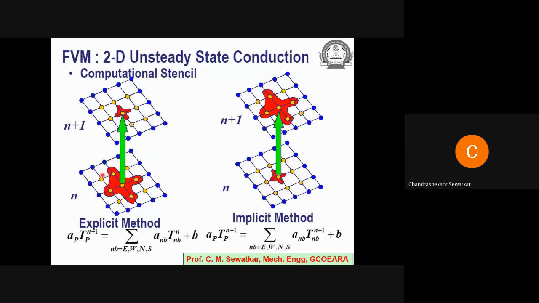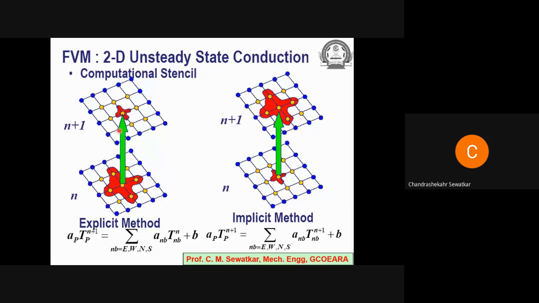Temperature at all these yellow circles is known to me from the initial condition. When I take the plate out of the furnace, I know its temperature. After delta t time, I want to find out the temperatures at all these yellow points.